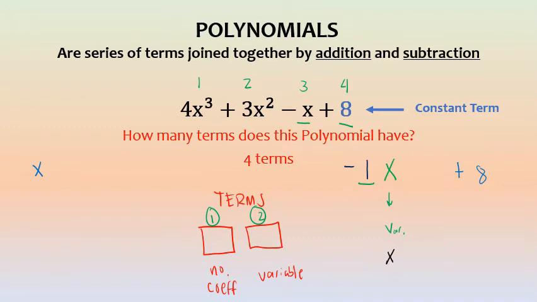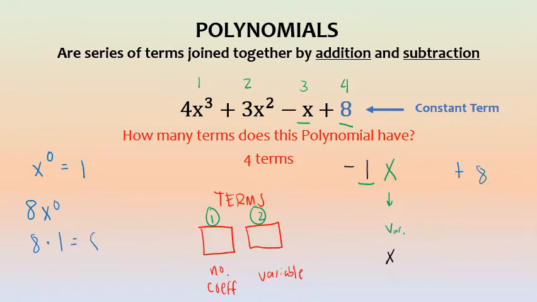That means x raised to 0 is equals to 1. A variable being raised to 0 is equals to 1. So, that means our positive 8 or our constant term is raised to 0. Which means we can simplify this as 8 times x raised to 0 is 1.